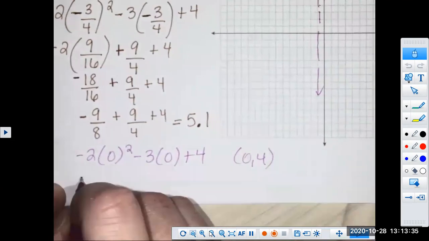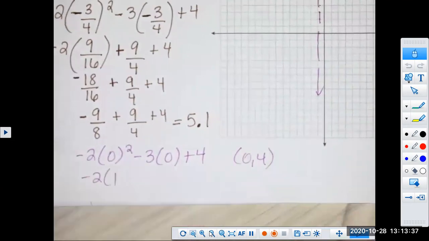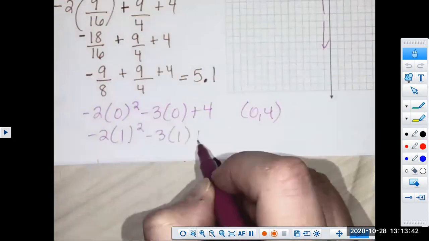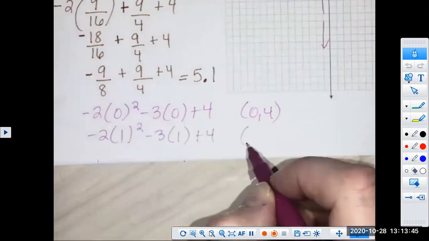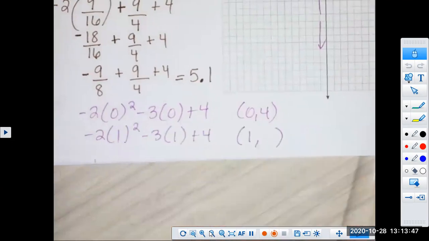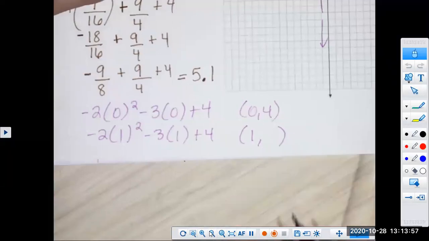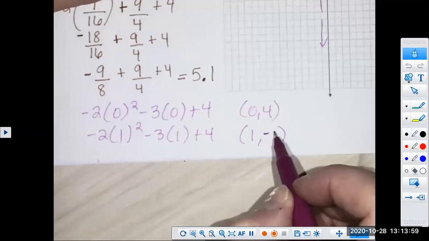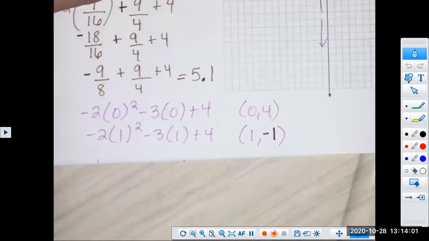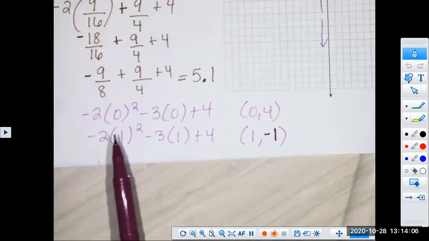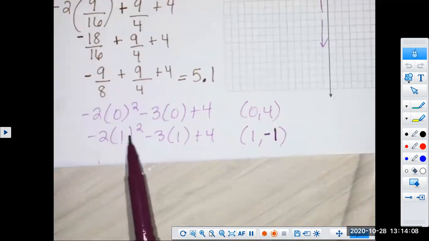All right, let's plug in 1. You should get what? You should get -1. Once again, make sure that you're doing exponents before you multiply.